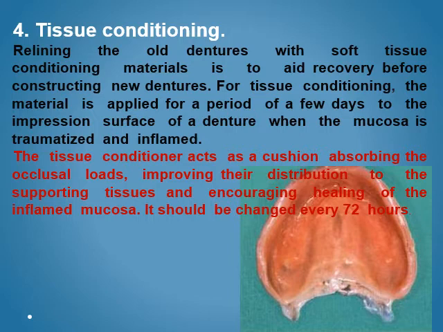For tissue conditioning, the material is applied for a period of a few days to the impression surface, which we call the fitting surface or tissue surface of the denture, when the mucosa is traumatized and inflamed. The tissue conditioner acts as a cushion absorbing the occlusal load, improving its distribution to the supporting tissue and encouraging healing of the inflamed mucosa. It should be changed every 72 hours, meaning every few days.